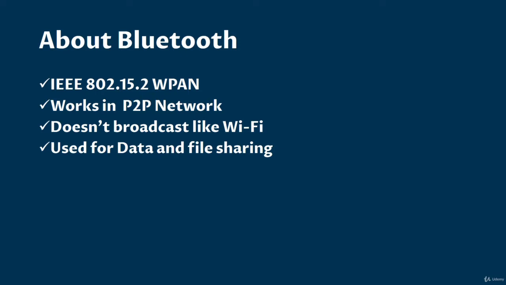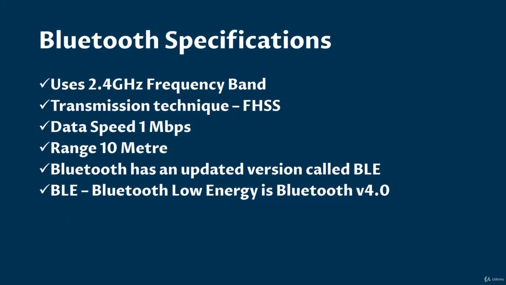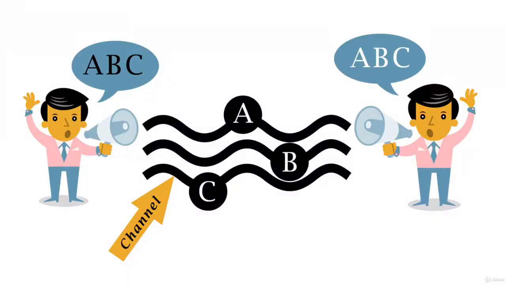Let me show you the specifications. Bluetooth uses the 2.4 GHz band of frequencies. The transmission technique is frequency hopping spread spectrum. In this method, the sender and receiver get in sync first. How? They start communicating on a channel for a certain time period, then hop to another channel, then hop to another channel, and the list goes on.